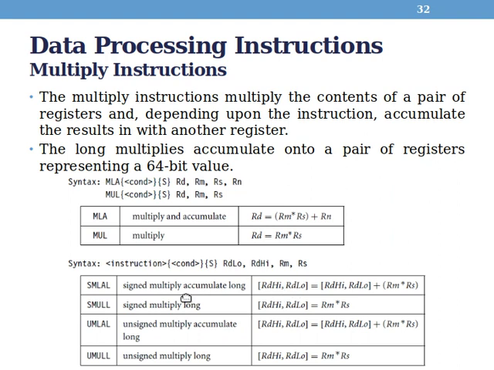Let's see the formula: RdHi, RdLo plus, assuming this is 0 in the beginning, RM into RS, the first multiplication. This is nothing but multiply and accumulate. We'll deal with an example later on. Right now I'm just explaining how the instructions work.